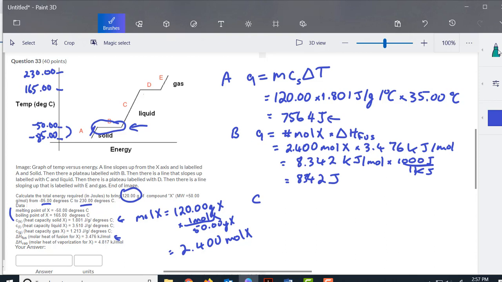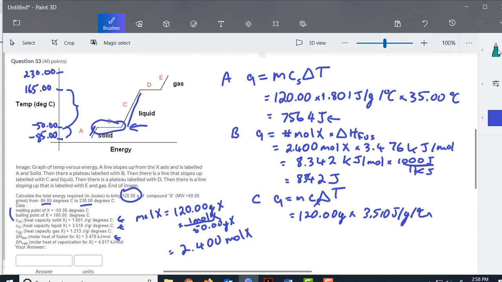Now for C, that's another slopey line here, and that's the temperature change for the liquid. So that's going to be Q equals MC delta T, and the C is going to be the heat capacity for the liquid there. The mass here again, 120.00 grams, times the C of the liquid, which is 3.510 joules per gram per degree Celsius, and that's multiplied by the temperature difference, which will be the difference between the melting point and the boiling point.